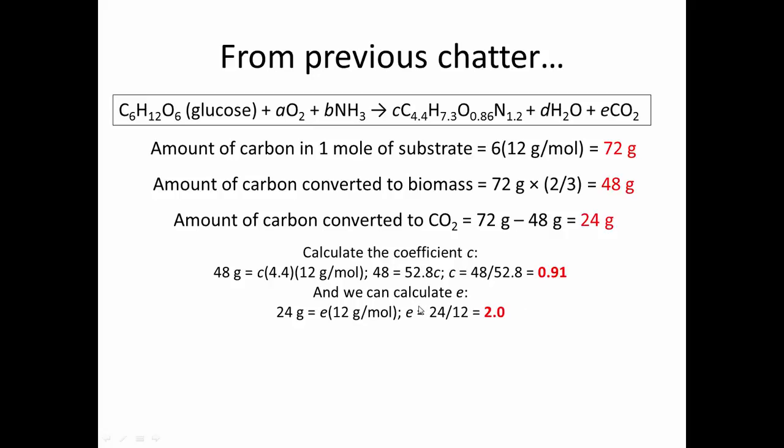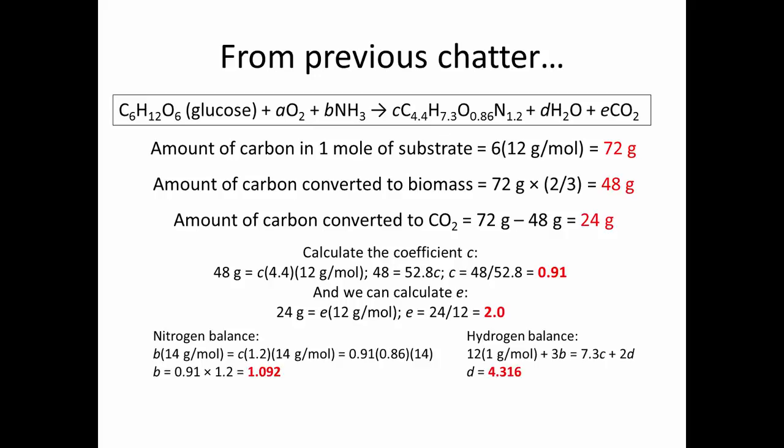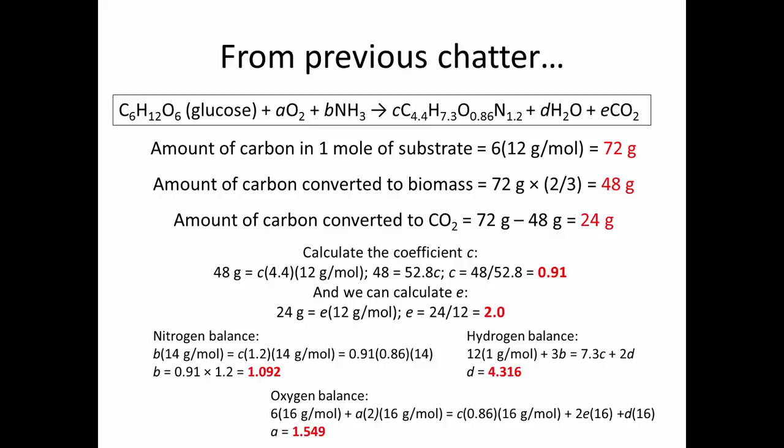And we could calculate E as well, as 24 grams is equal to 12 grams per mole of carbon multiplied by E, the coefficient E, and that gave us 2. So E was 2 and C was 0.91, and then we can solve our other balances and calculate our other molar coefficients from there, which we did.